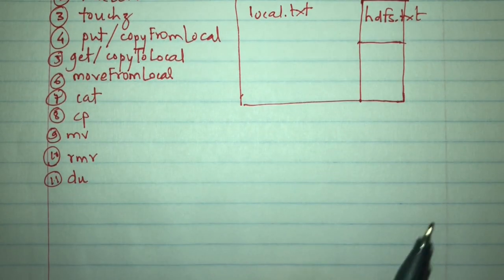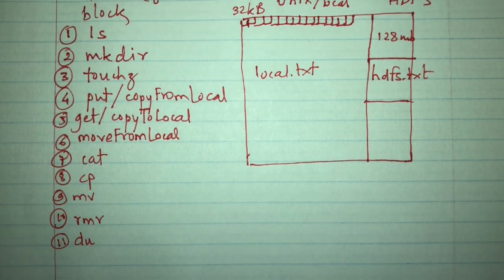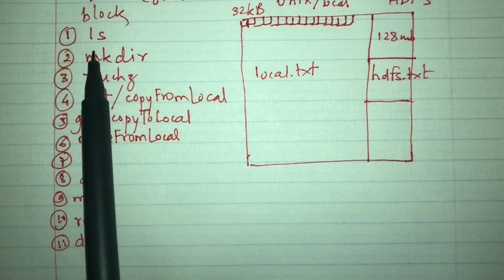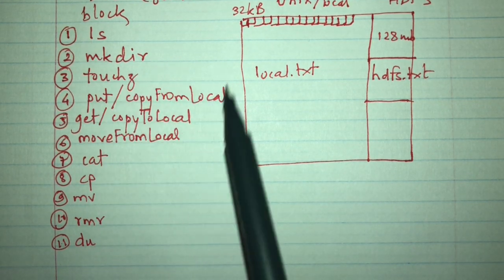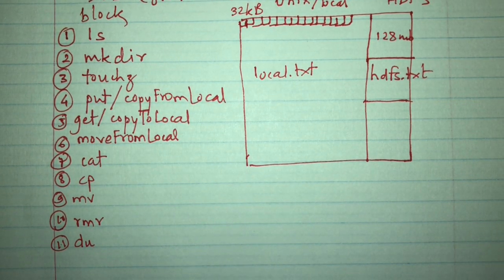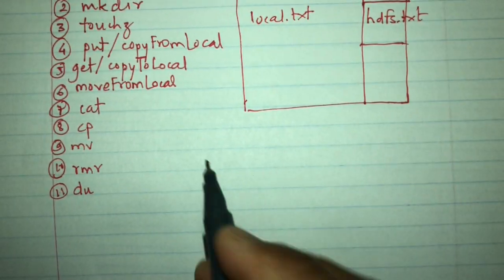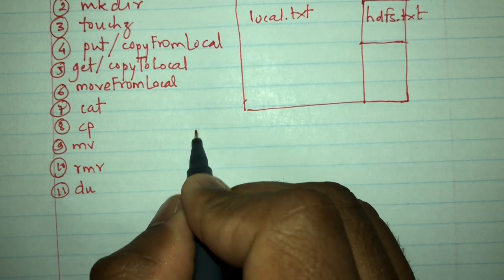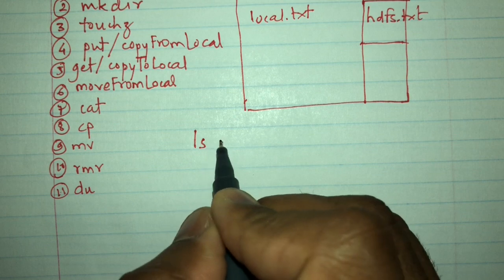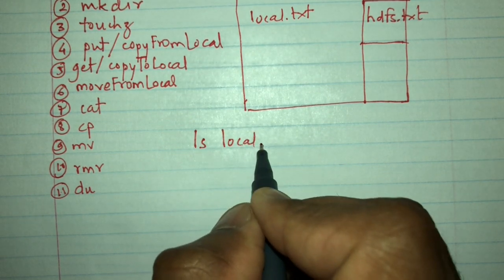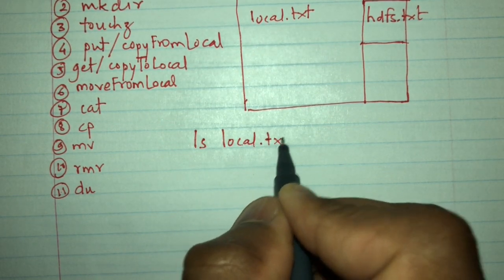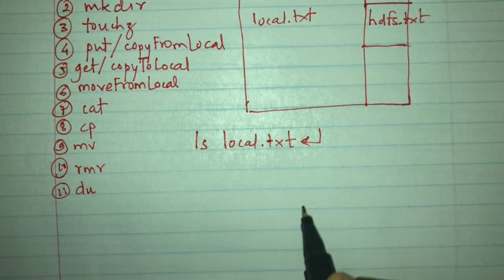I will just explain the difference between these two with respect to ls, in the interest of time. So if I want to run the ls command in local, I'll just say ls local.txt, which is the relative path of this file.